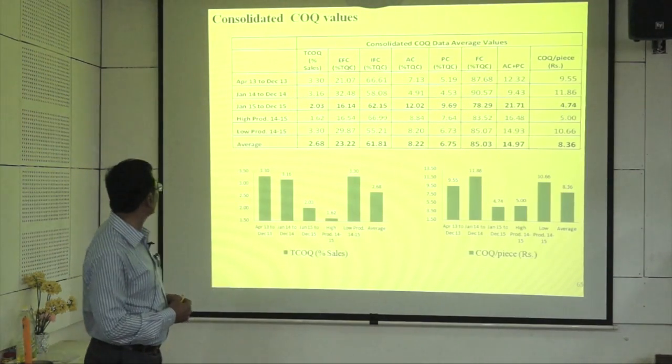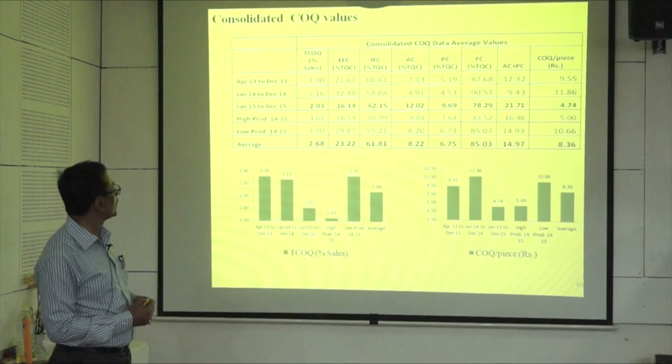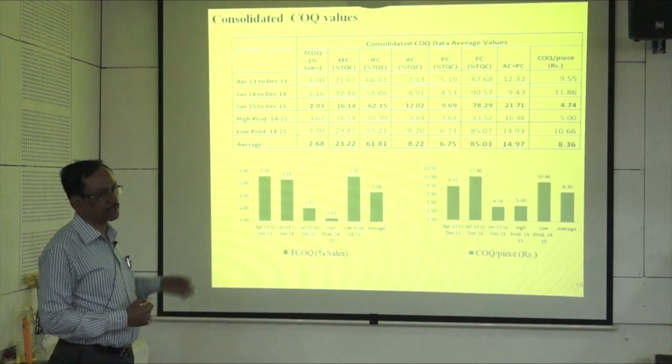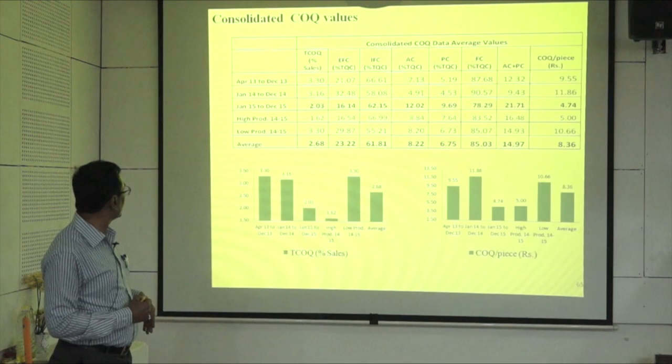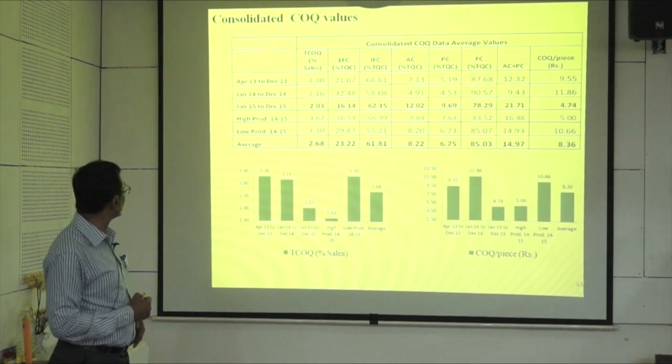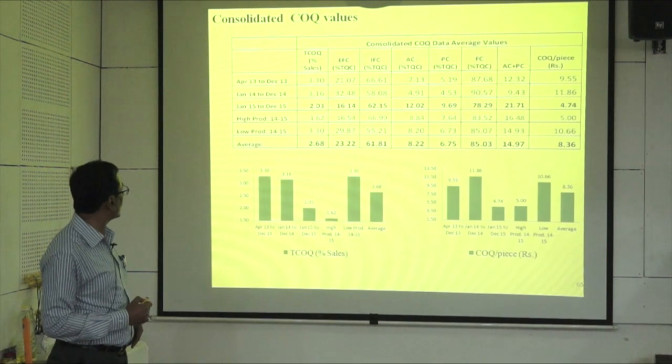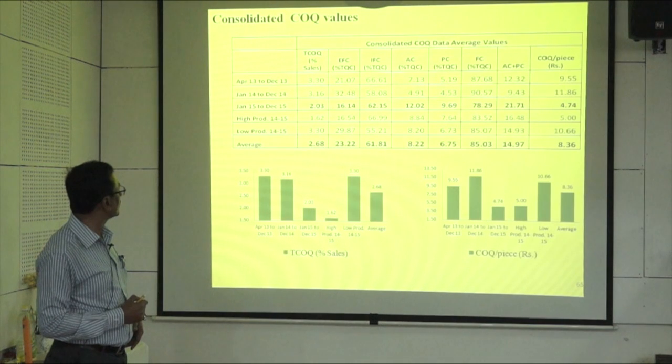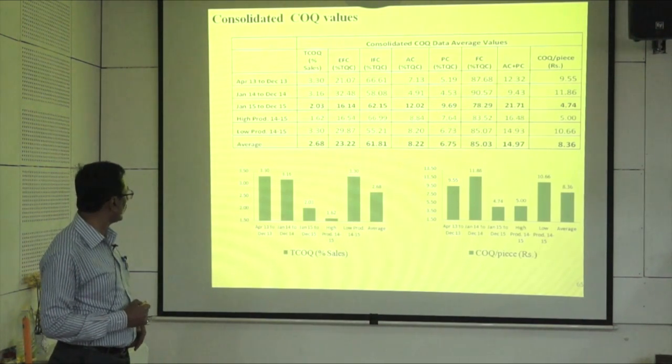Now this is consolidated information, different periods, what the percentages are. They will just show the trend: high production, low production, April to December, year 2014, year 2015. Okay, so in 2015 I have got these values lowest, total cost of quality, and the average value is 2.85.